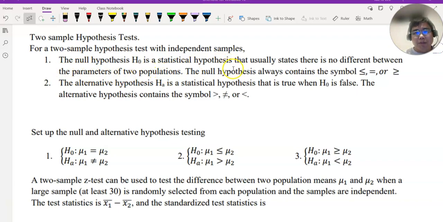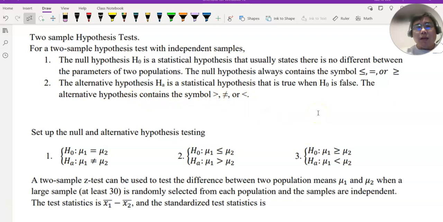The null hypothesis always contains the symbol less than or equal to, equal to, or greater than or equal to. The alternative hypothesis HA is a statistical hypothesis that is true when H0 is false, and it contains the symbol greater than, not equal to, or less than.